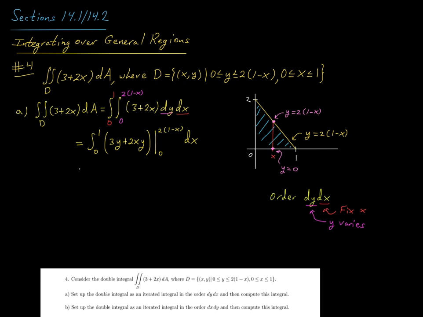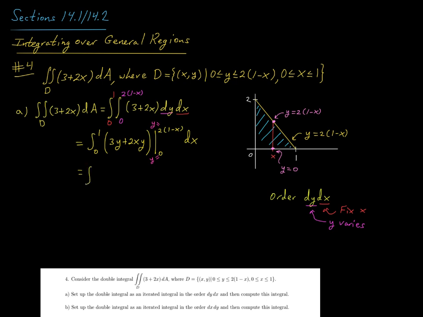Now I'm going to plug in these bounds of integration. While it's not necessary, it doesn't hurt to emphasize that I'm plugging these in for y. It's easy to get turned around, especially when you have variables now up in the limits of integration, but it's not completely necessary to include those labels. So let's plug in.